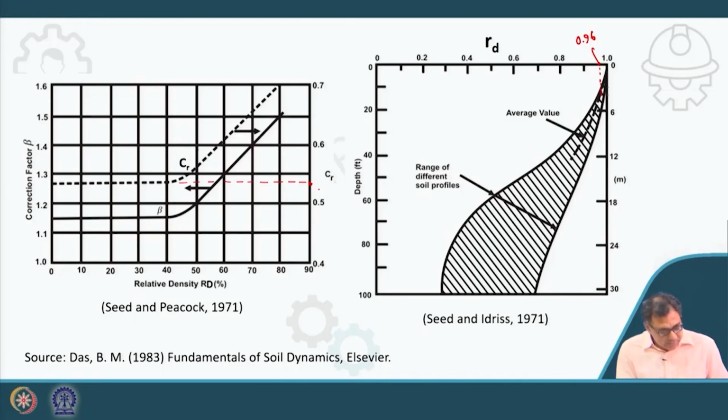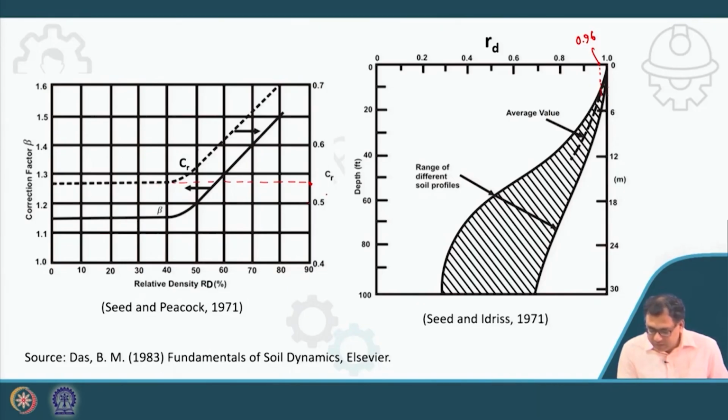So the CR value, if I extend this one, will be around 0.55 or 0.54.